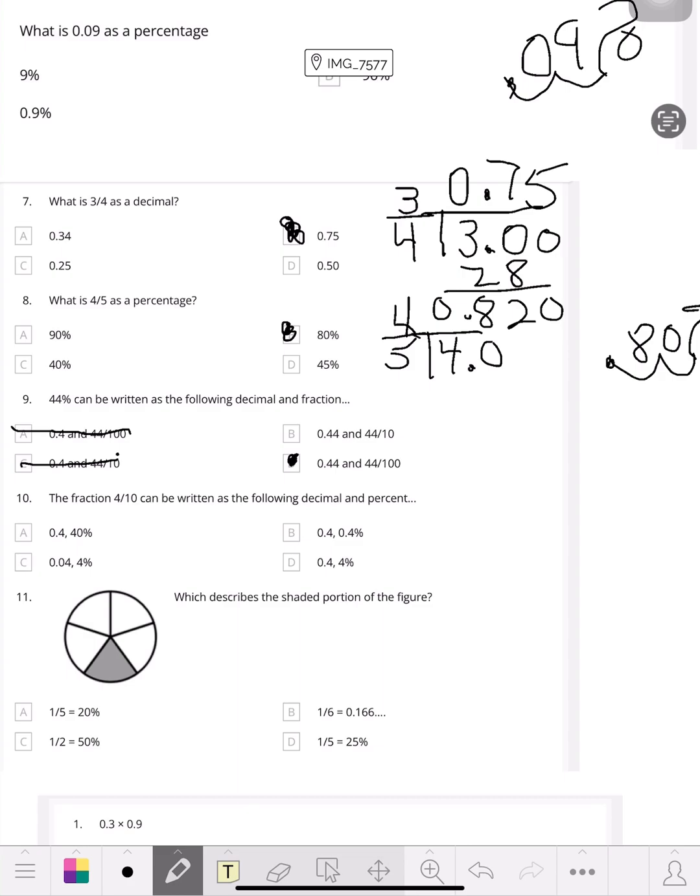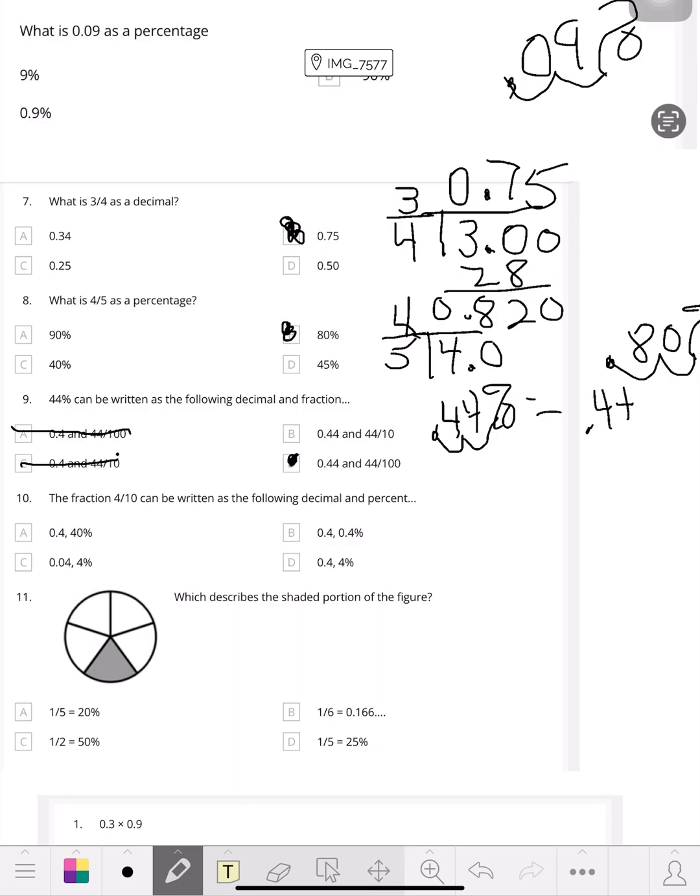But if you want to work out how to do it, okay, you ready? So we got 44%. Now to turn that into a decimal, you move 1, 2, equals 0.44. So that's in B and D, 0.44.